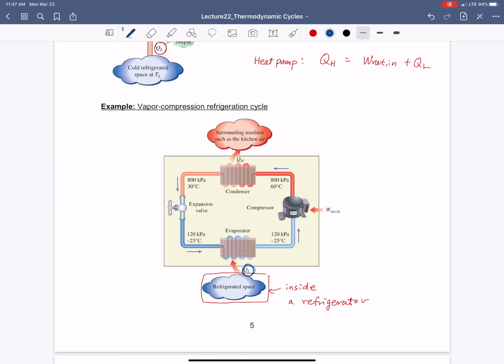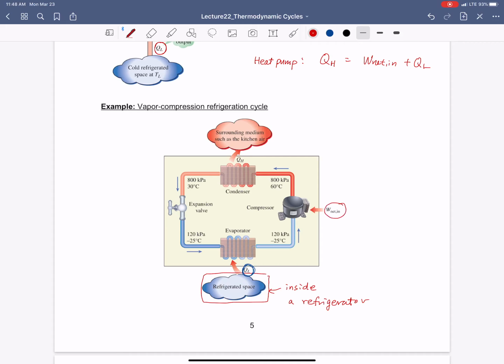Now, in order to take this heat, first of all, the working fluid of this refrigerator is a refrigerant, and we call that R. Generally we use R134a. What it does is we compress the vapor of the refrigerant by putting in power to run the compressor.